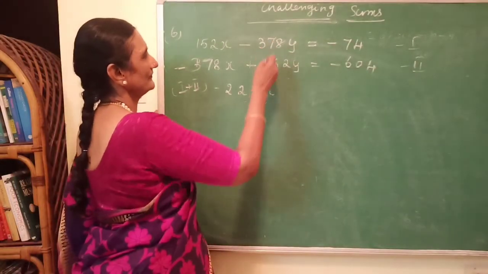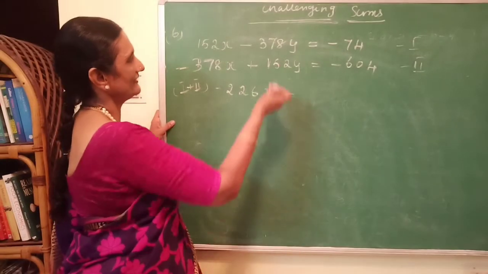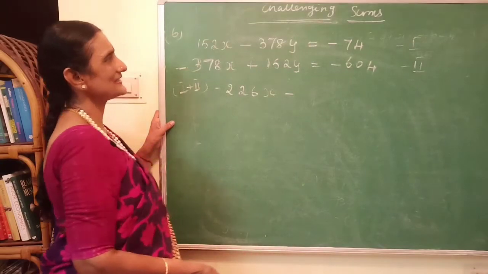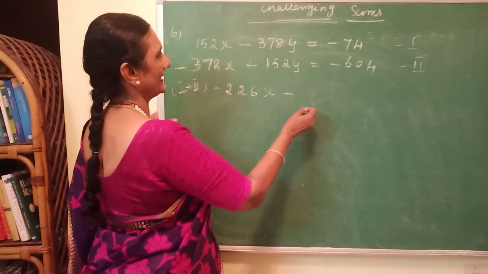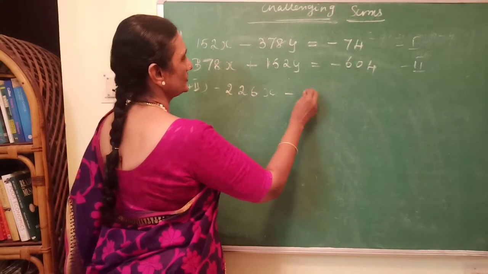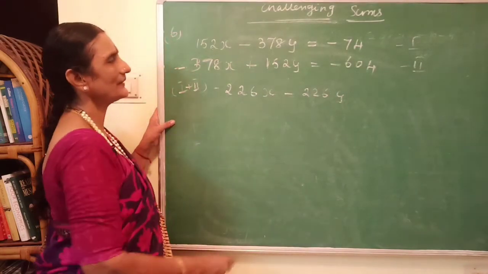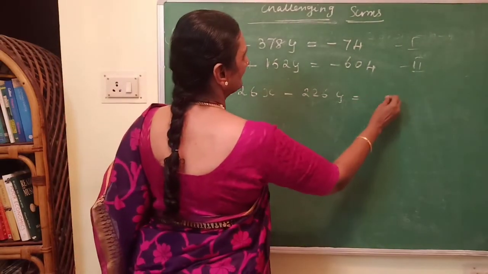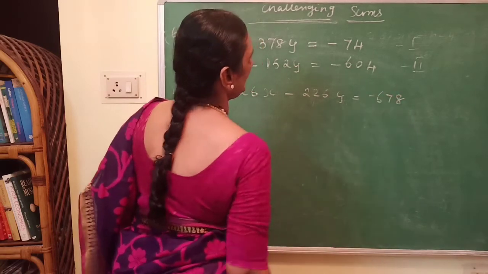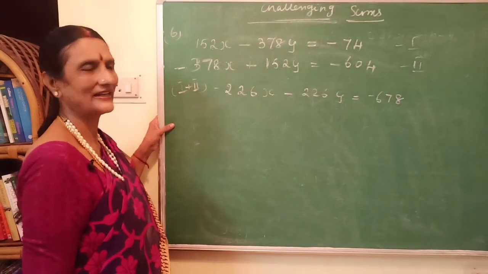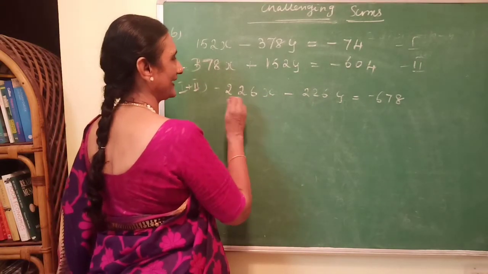And then here minus 378 plus 152, adding, no? Therefore you will get minus 226y. Okay. Now here we are adding. So we will get minus 678. Are you understanding? So what I can do, throughout a negative sign is there, we can cancel.